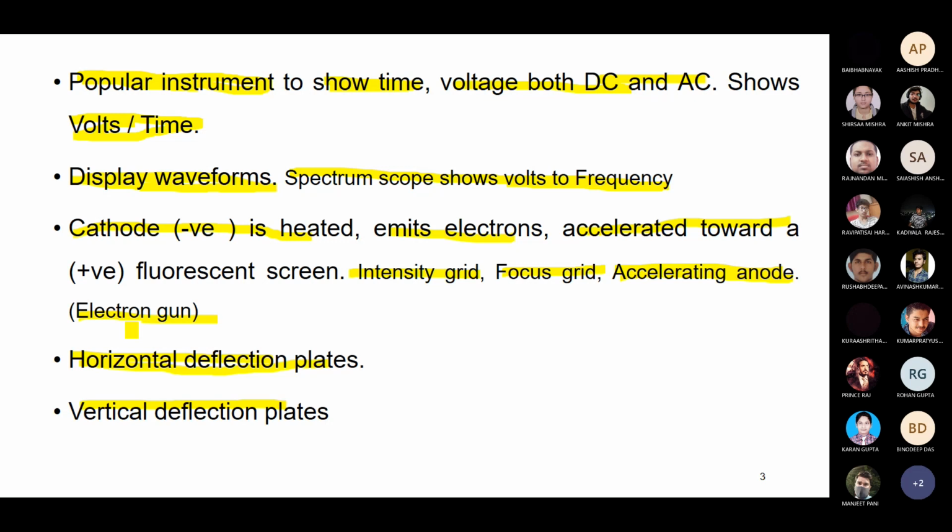There are four plates: two are situated in a vertical position, and another two are for the horizontal position. Those are parallel to the horizontal position, so they take part in the vertical movement of the electron beam.